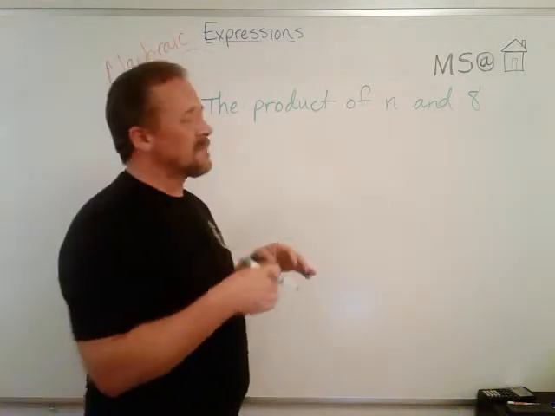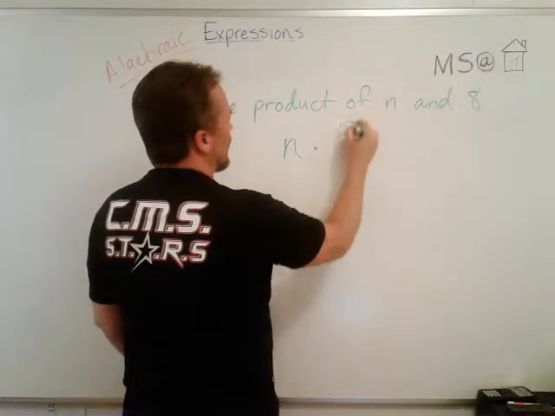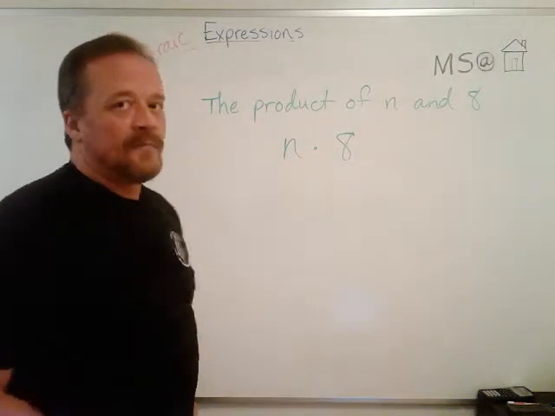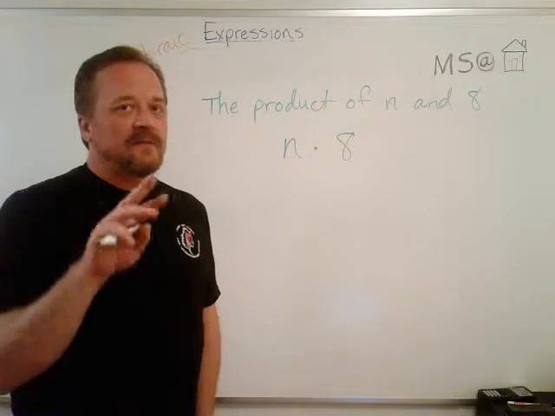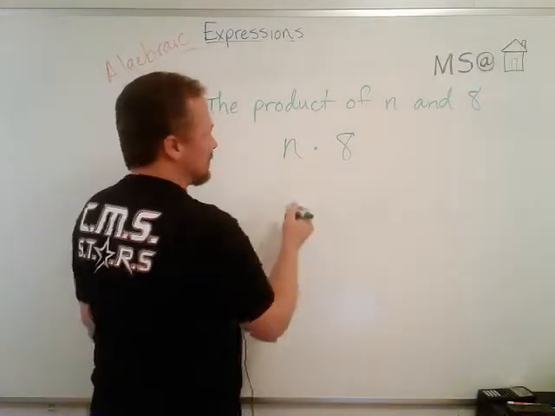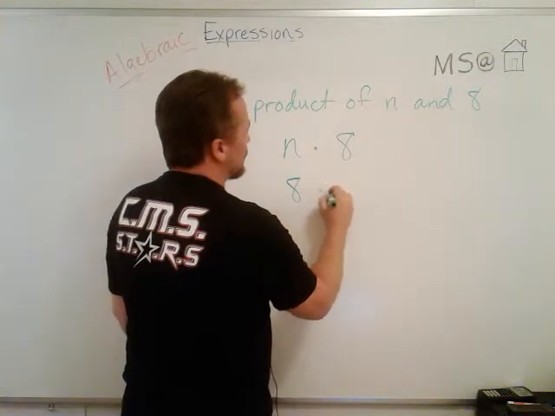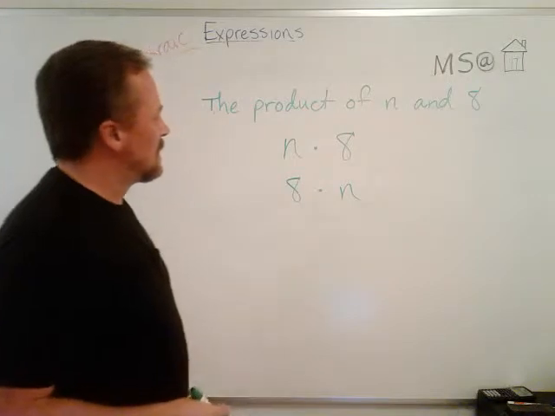So there's a couple ways I can write this. You could write it just in order, n times 8. Because multiplication doesn't matter if you write things back and forth. We'll get to that when we get to the commutative and the associative properties of multiplication. You can write it backwards. That's still correct.